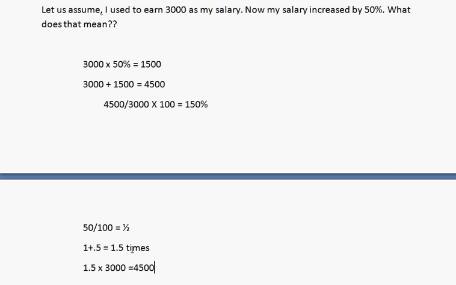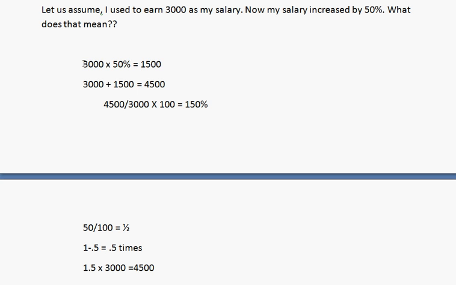Similarly, if the question says there is a percentage decrease of 50%, we could have subtracted it, finding 50% of that salary, which is 1500. So this is how we do percentage increase or percentage decrease, by changing it into a fraction or by finding the absolute value of increase or decrease.